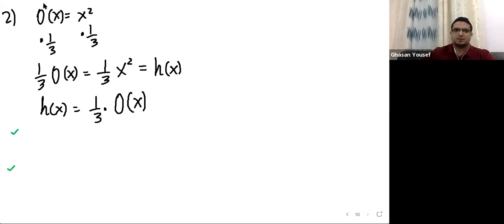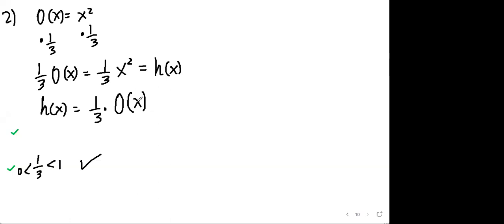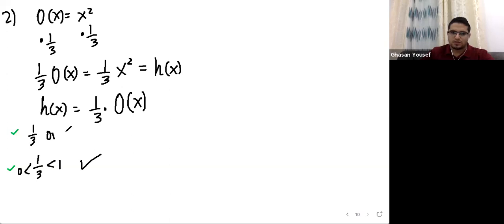It's between 0 and 1, this is correct. Now, is the 1 over 3 outside or inside the parentheses? Outside. So 1 over 3 is outside.